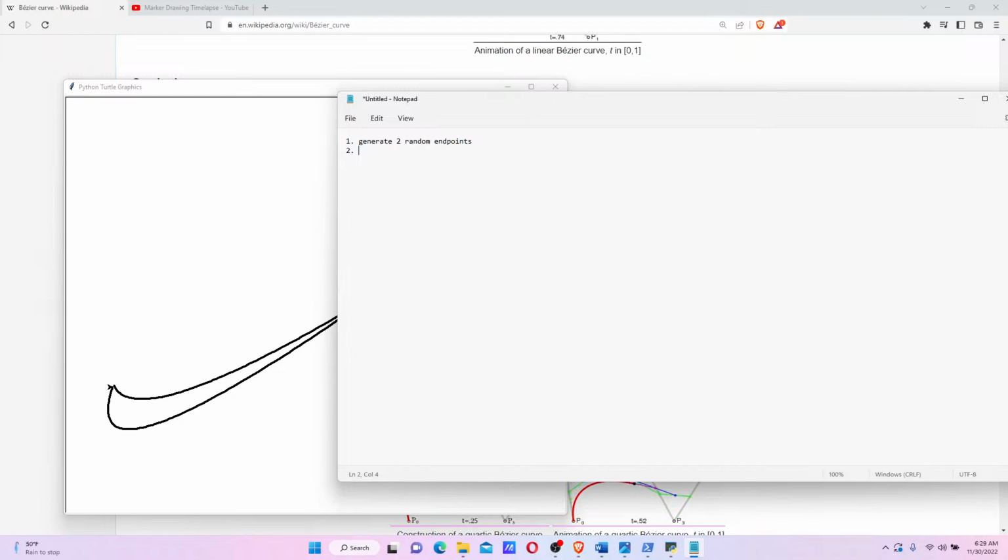So the first thing I do is generate two random endpoints, then generate random control point for curve 1, and then I draw curve 1, and then generate random control point for curve 2, and then draw curve 2 using control point from step 4 and the endpoints from curve 1, and it draws that second curve.